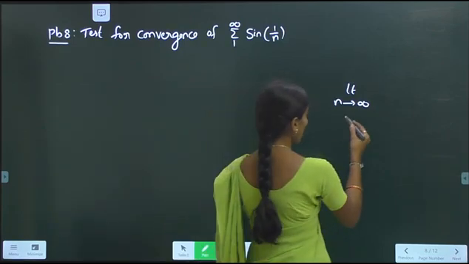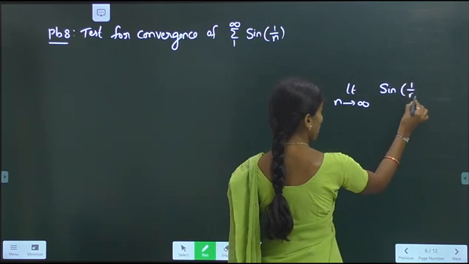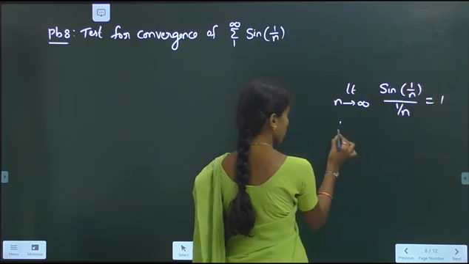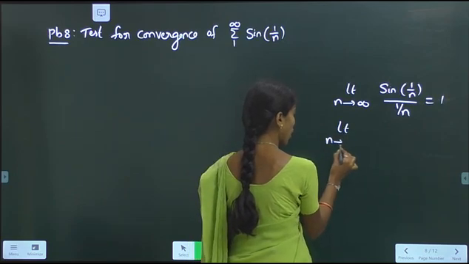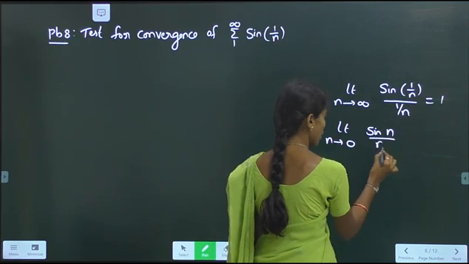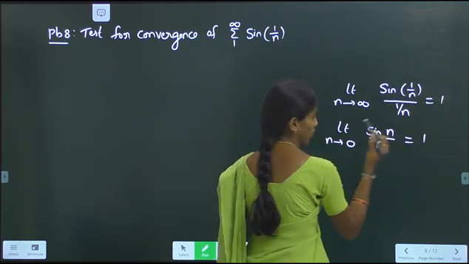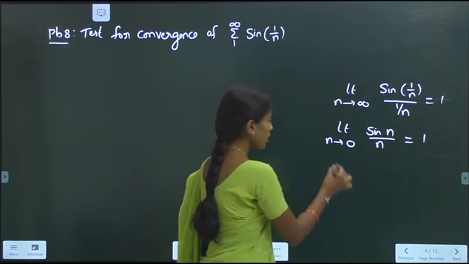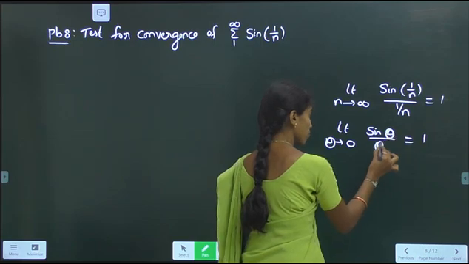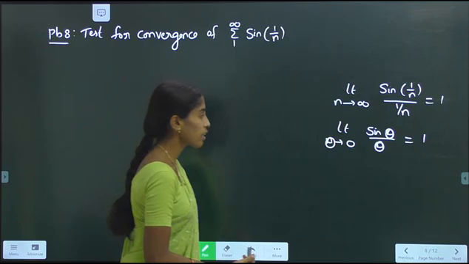We know that limit n tends to infinity sine of 1 by n by 1 by n is equal to 1. Otherwise, I think you know this formula: limit theta tends to 0, sine theta by theta equal to 1.